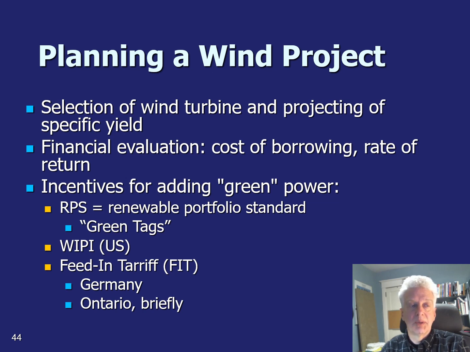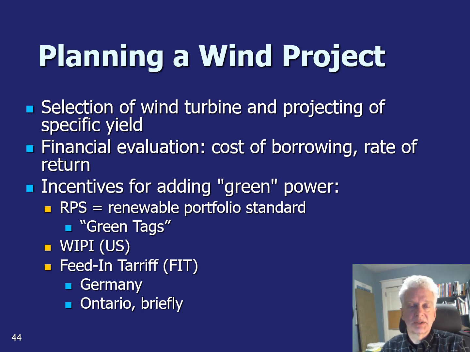One implementation of that in the US has been what they call green tags, where the person generating the carbon-free electricity gets some sort of a renewable energy certificate or credit, and then that is something you can sell within the utility market, to allow people to buy these credits in order to meet the requirements of an RPS.